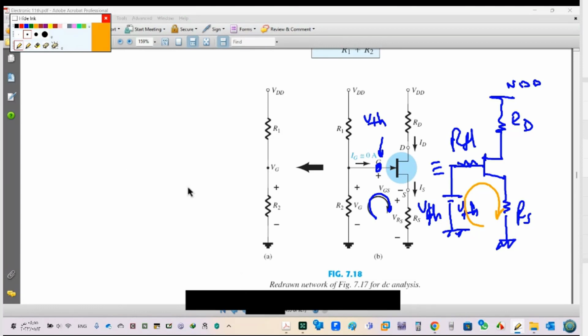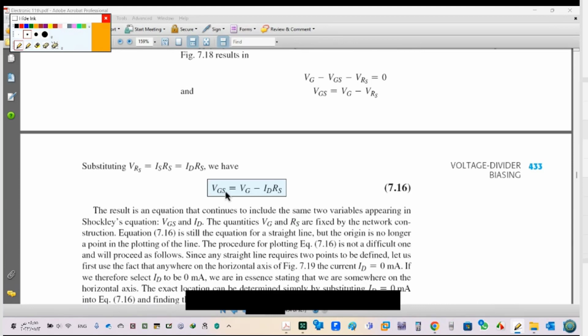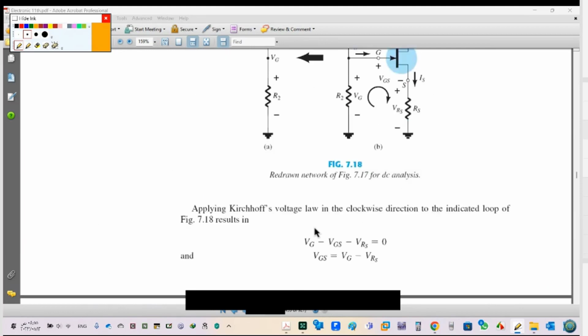Okay, let's continue. Here, VGS is VG minus ID RS. Here you can see from this Kirchhoff's law, VG minus VGS minus VRS. Where is V Thevenin? We cancelled it. Why? Because we said the input voltage is 0, so we cancelled R Thevenin.